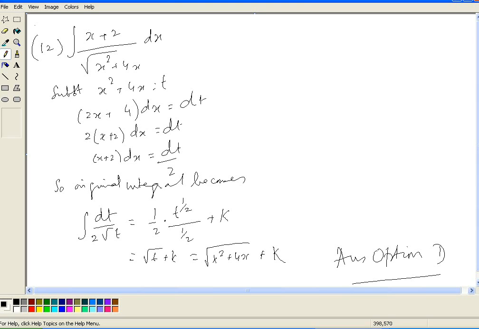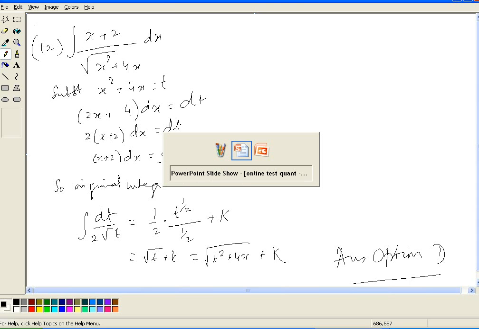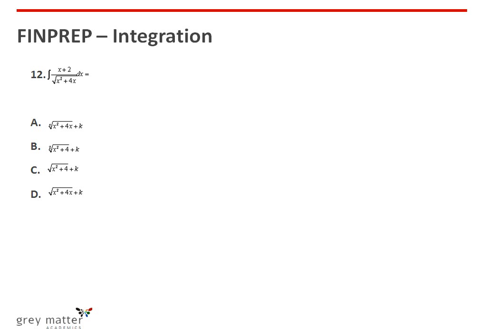Reverting to the original value for t equal to x squared plus 4x, the answer is root of x squared plus 4x plus k. So the answer is option D. Going back to our PowerPoint presentation, it is D, which says square root of x squared plus 4x, and outside you have plus k constant.